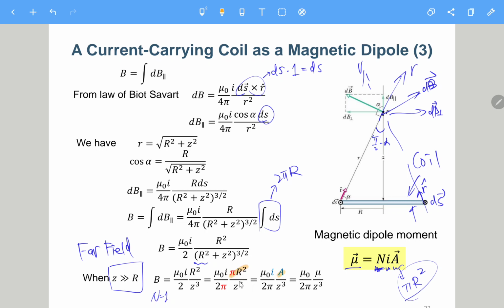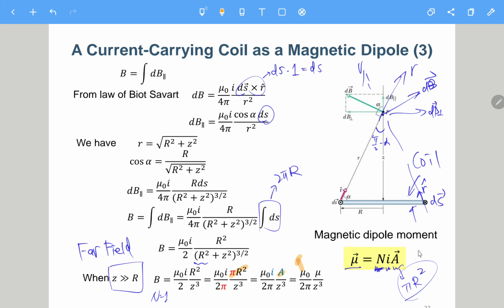Okay, so it becomes mu 0 ia, and in the denominator 2 pi z cubed. So this ia, we already mentioned that n is 1, so ia is already mu, so we have a mu 0 mu. Of course these two mu are different.